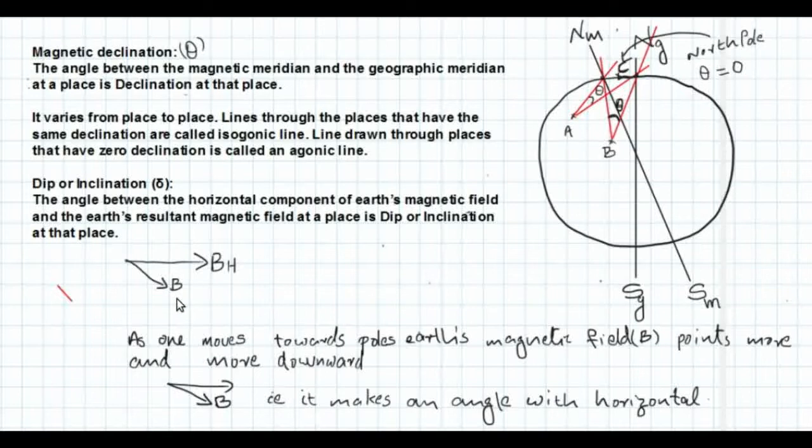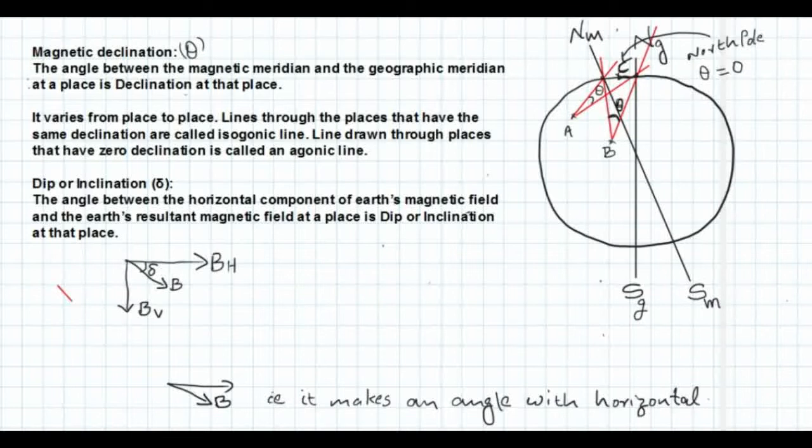That means now this B can have two components. One is along the horizontal direction, which is BH, and the other one is along the vertical direction, which is BV. Now we can write these components of B along the horizontal and vertical directions.